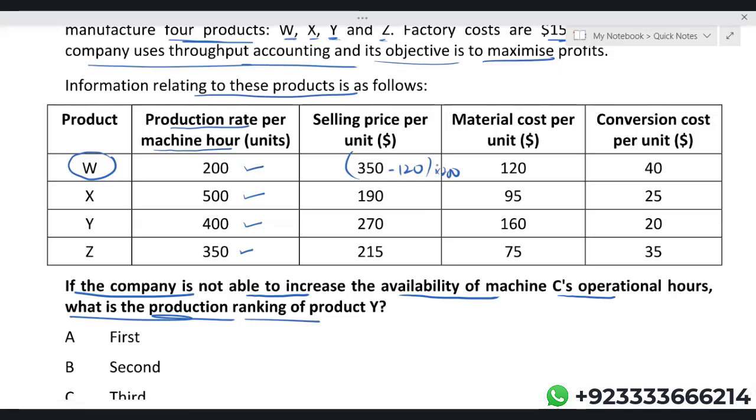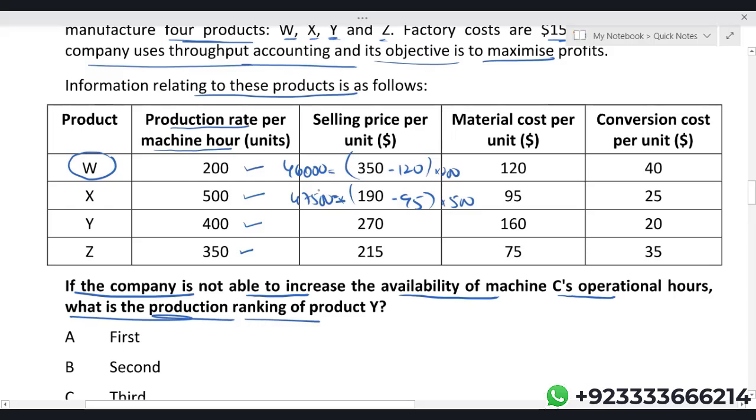So I'm getting total throughput in 1 hour of 46,000. For X, 190 minus 95, how many units can we manufacture in 1 hour? That is 500. Let's see. 190 minus 95, multiply by 500. I'm getting 47,500.